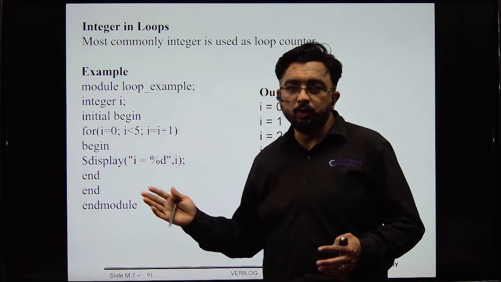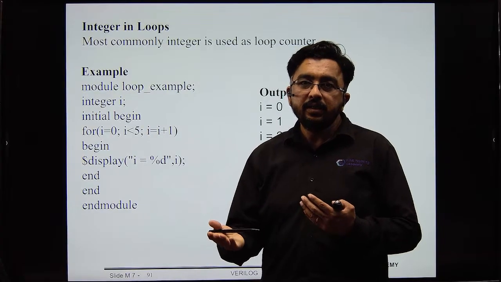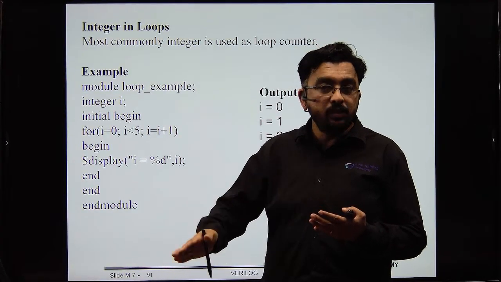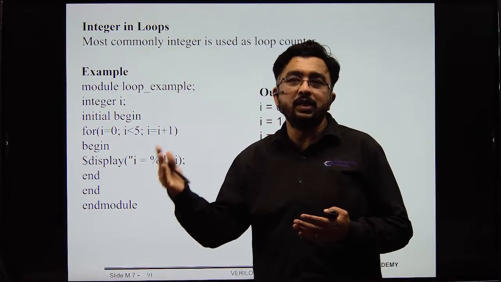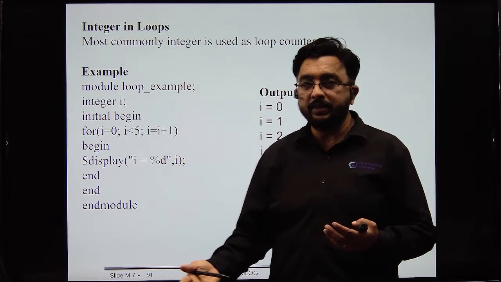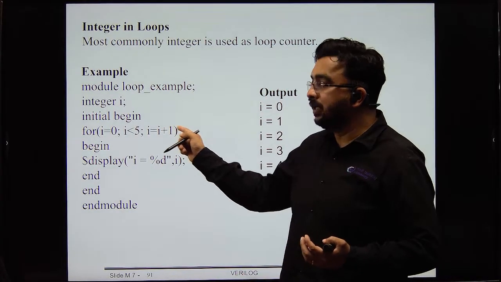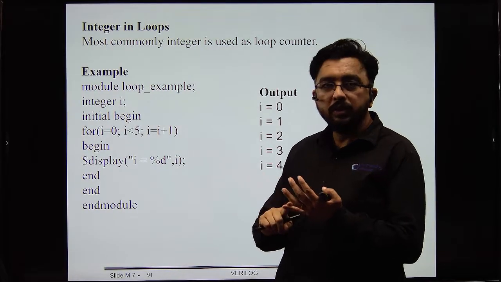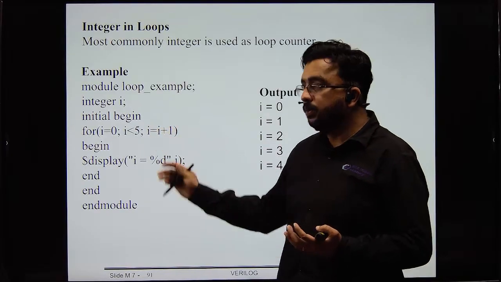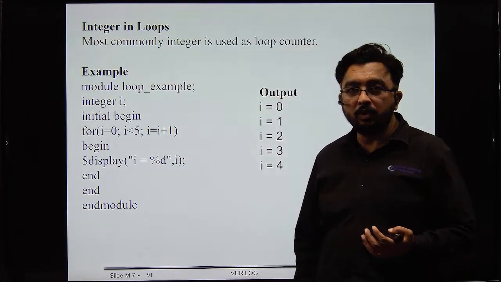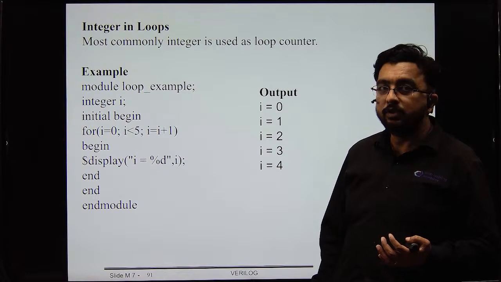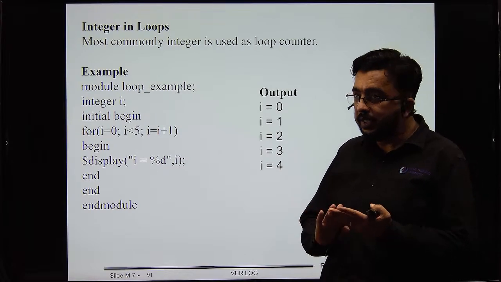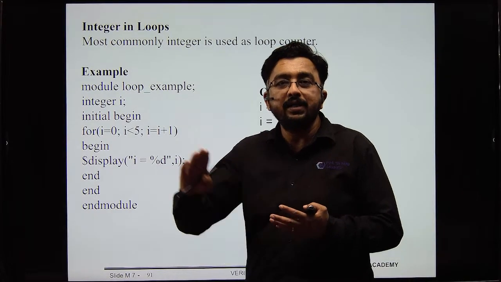This is a for loop: you initialize, then give the condition, greater than or less than, and then increment. It will run 5 times, for 0, 1, 2, 3, 4, because you want the integer to always be less than 5, not equal to 5 or greater than 5.